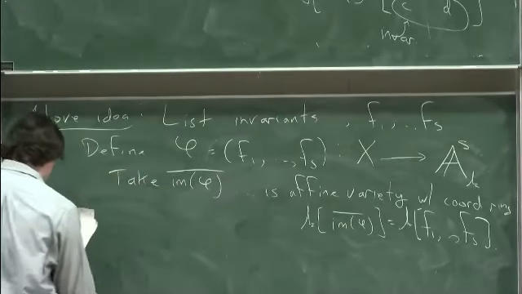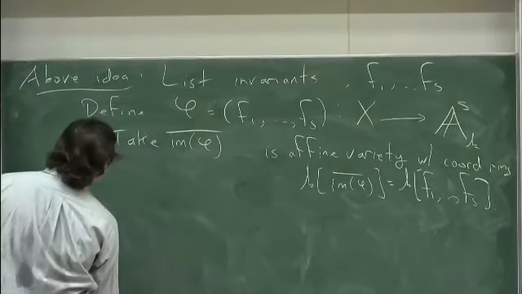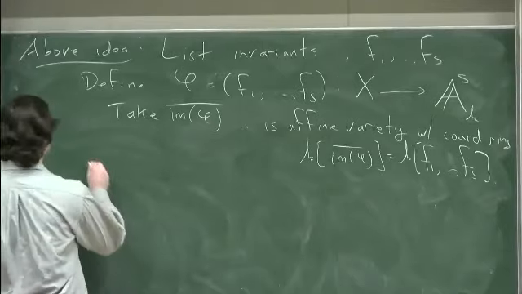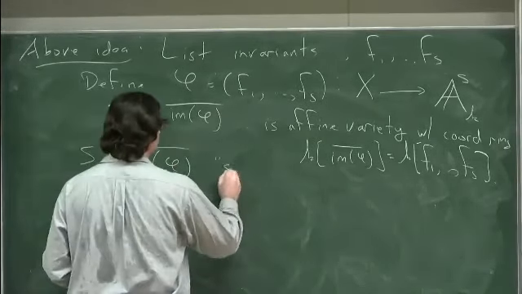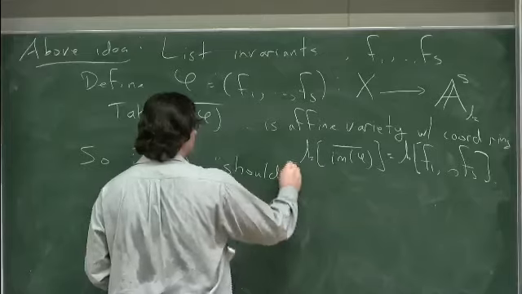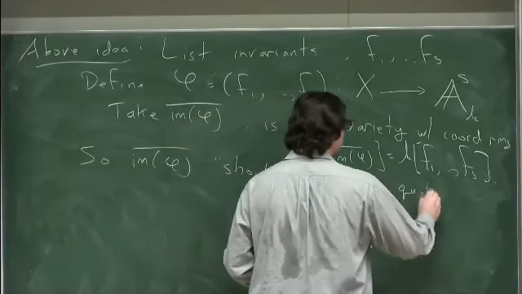And it's an affine variety whose coordinate ring of functions is just given by these invariants. All right, so we'd like to be able to say that this is the categorical quotient in the category of affine varieties. But there's an issue.